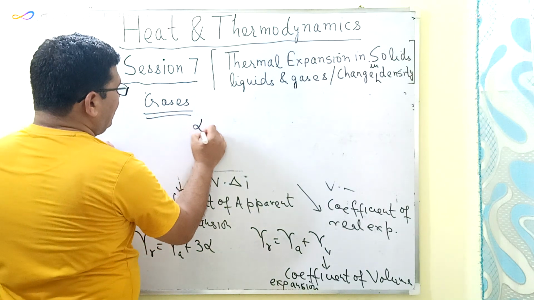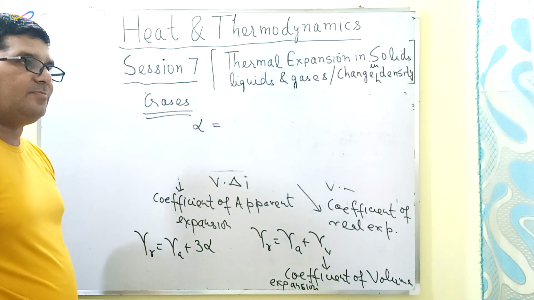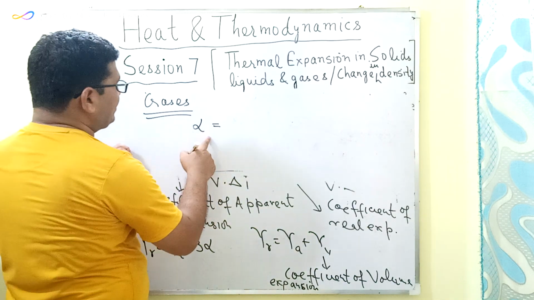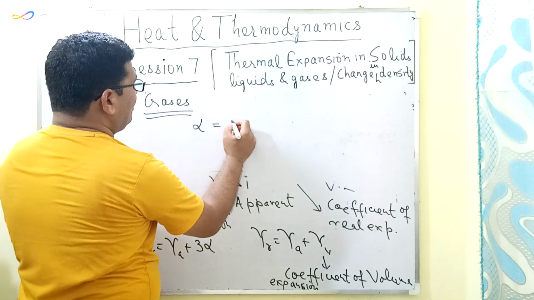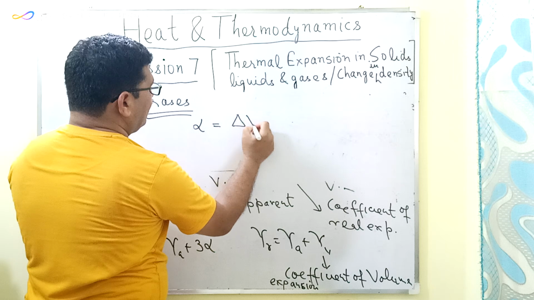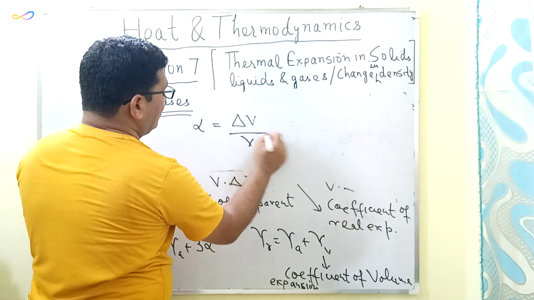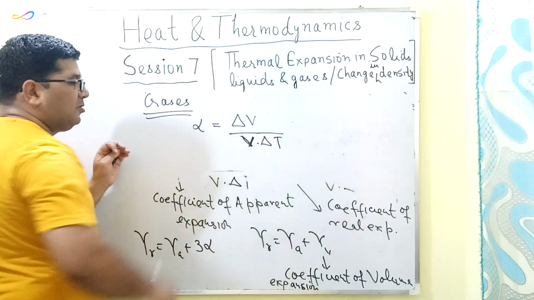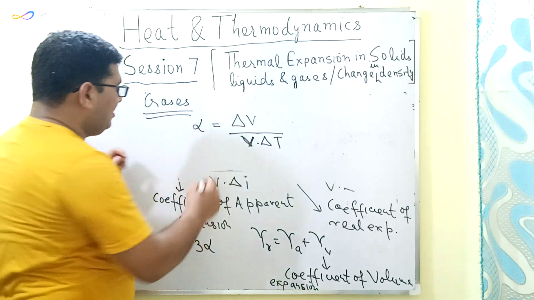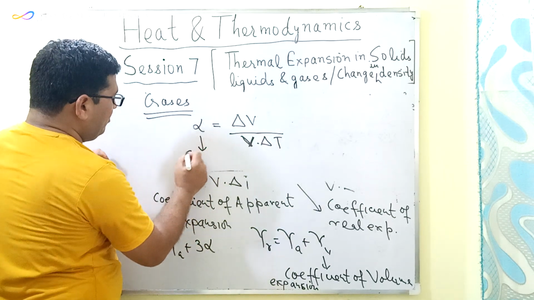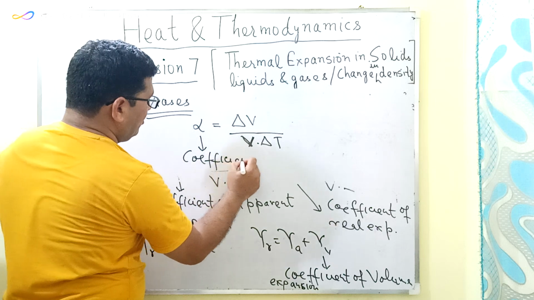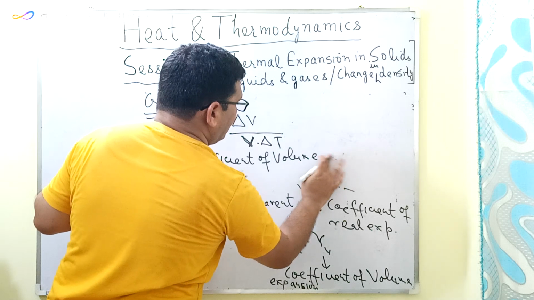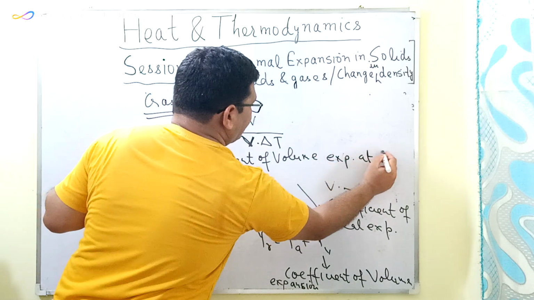One is called the coefficient of volume expansion at constant pressure, which is given by alpha, and this is given as delta V upon V multiplied by delta T. So here alpha is the coefficient of volume expansion at constant pressure.